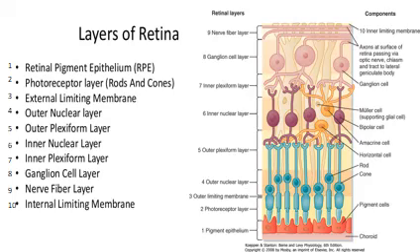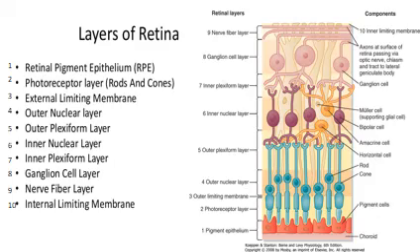The next layer is known as the photoreceptor layer. Following that, the third layer is the outer limiting membrane. Next to that, we have the outer nuclear layer. Next, as we can see in the diagram, we have the outer plexiform layer. After this, we come to the inner layers.